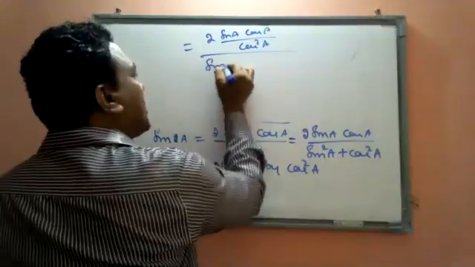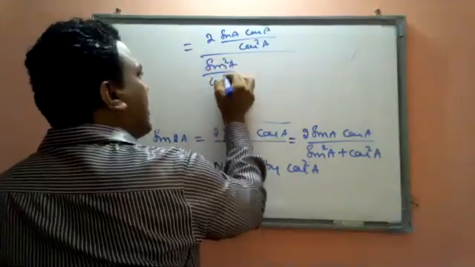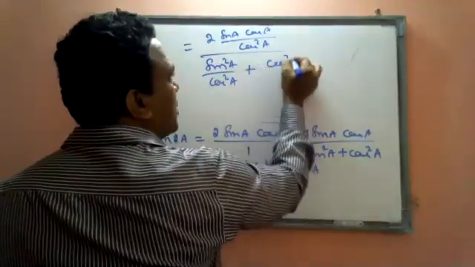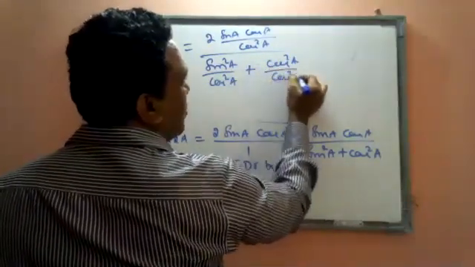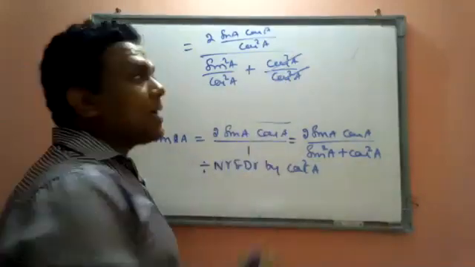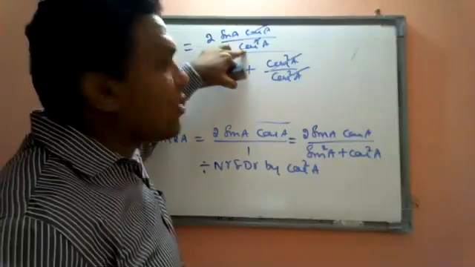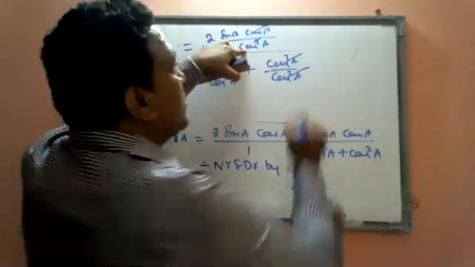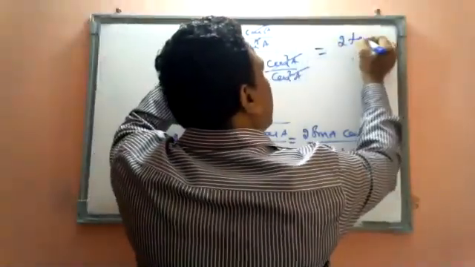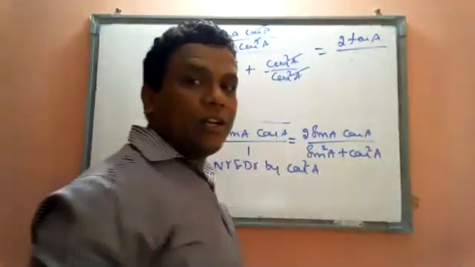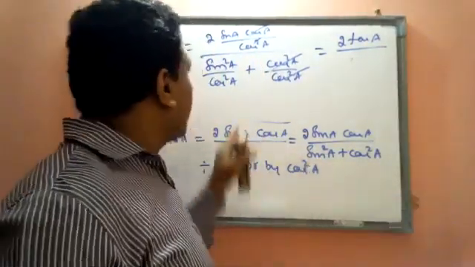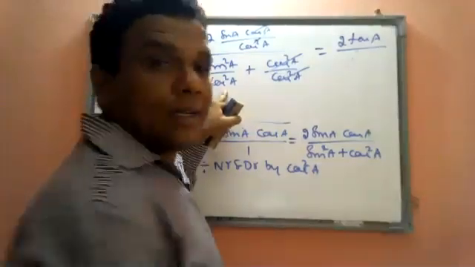So this will be sin square a divided by cos square a plus cos square a divided by cos square a. In the numerator, one power of cos cancels, remaining sin by cos, which is tan. So this can be written as 2 tan a. In the denominator, sin square by cos square is tan square.